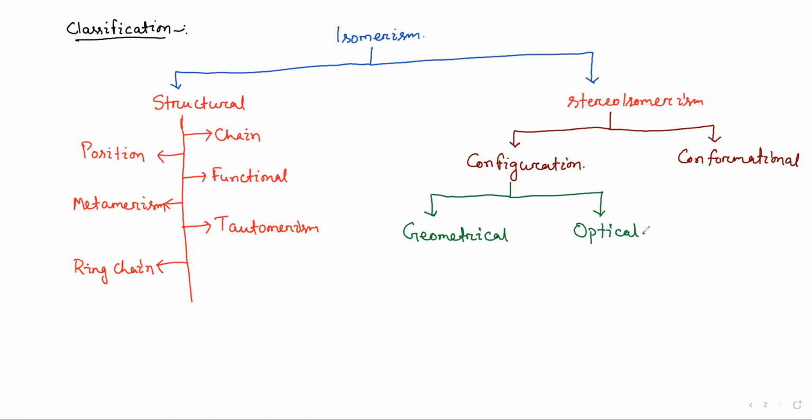Okay, this much we have in classification. We are going to read all of them one by one. Let us start with structural isomerism.